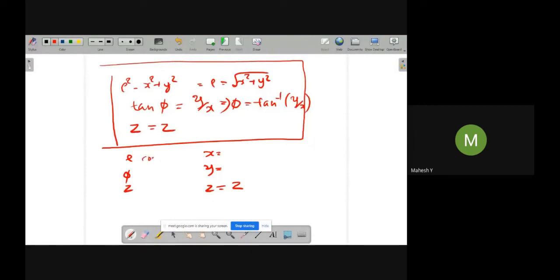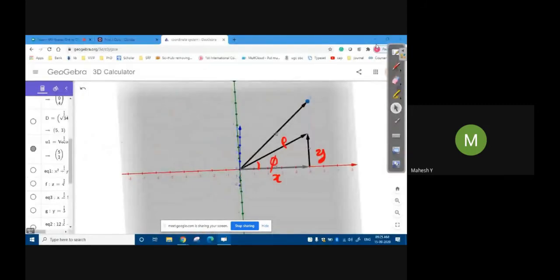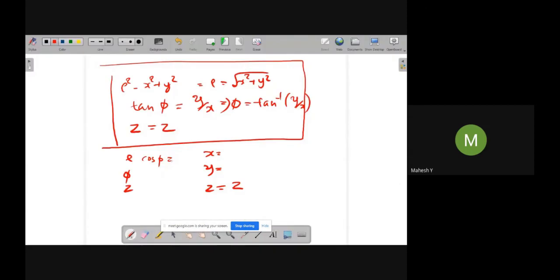What's the value of cos phi from the diagram? Yes, x by rho. X divided by rho. So what is x? Cross multiply this. So x is equal to rho cos phi.